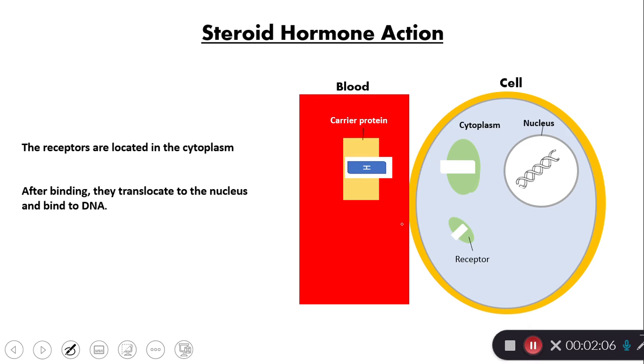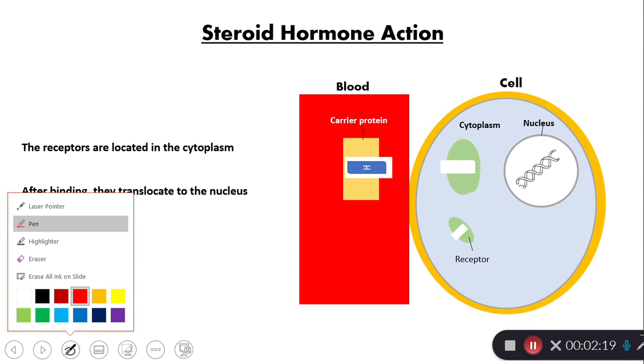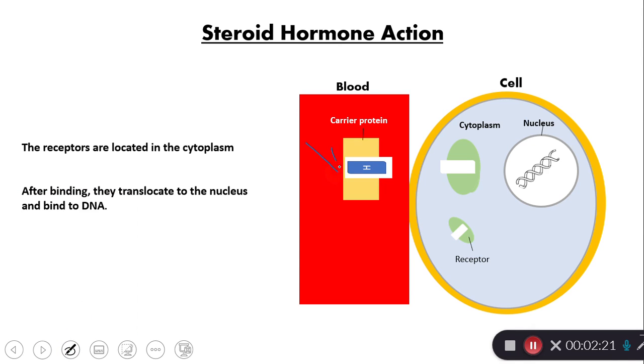Let's see the cortisol, which is a steroid hormone. Any steroid hormone or thyroxine, the lipid-soluble hormones, must be carried through a protein carrier in the circulation because the blood is mostly water and those are non-water soluble.